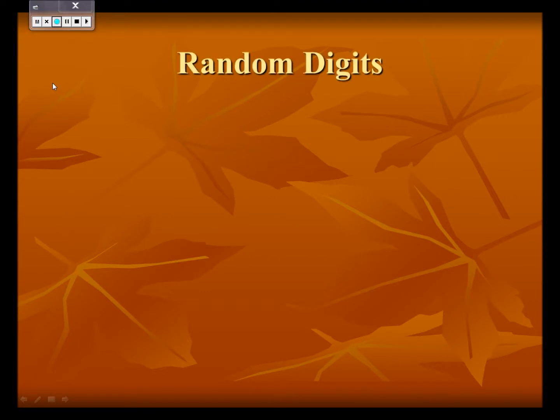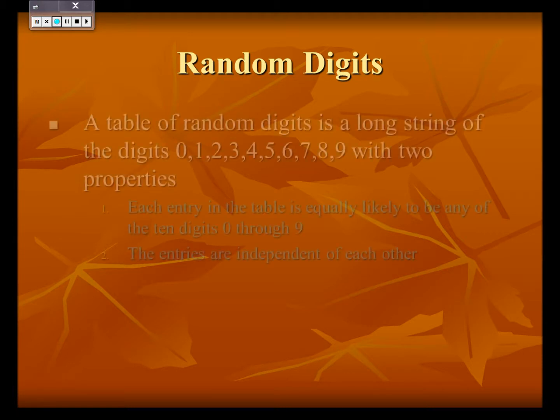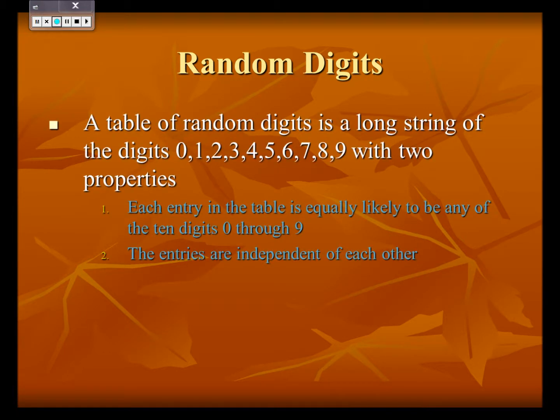Let me talk a minute about random digits. There's a table in your book with a list of random digits, which are a simple list of random numbers. Every entry in the table is equally likely to occur. The digits will be the numbers 0 through 9. All entries are independent of each other.